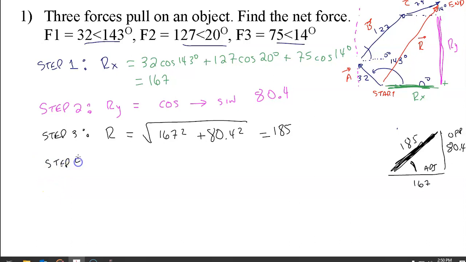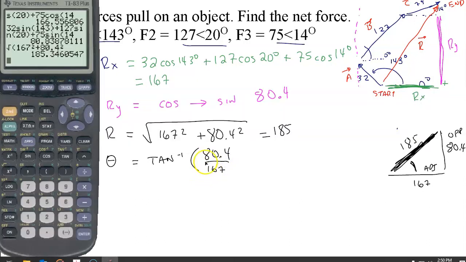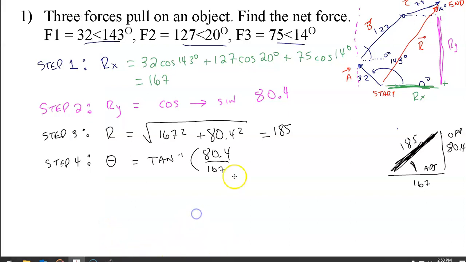I want the angle, so I've got to do the arctangent here, and theta equals the arctangent of the opposite 80.4 over the adjacent 167, and second tan 80.4 divided by 167 would be a 25.7 degree angle there if I did that right.